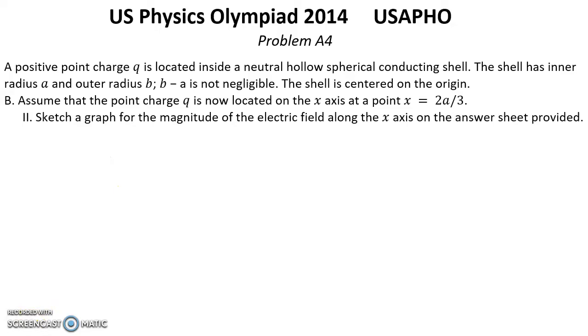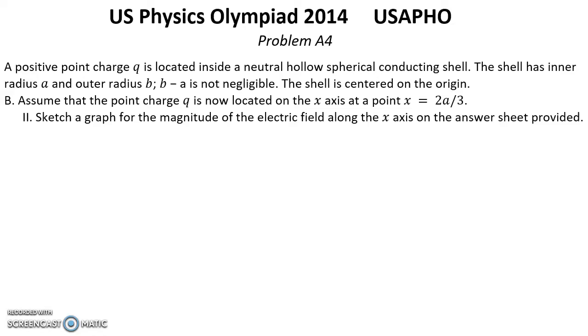Question 2. Sketch a graph for the magnitude of the electric field along the x-axis on the answer sheet provided. Solution. For the field outside the shell, for x greater than b, we have the same result as for a point charge in the center of the sphere.